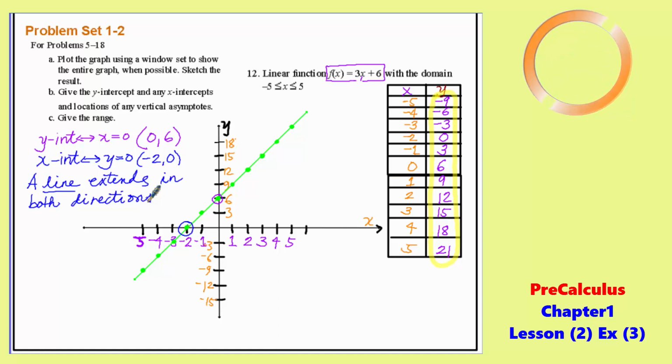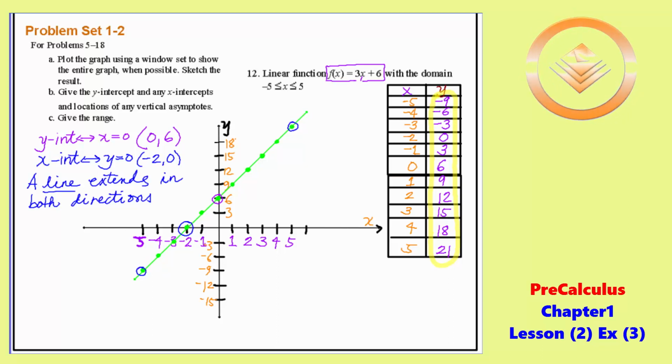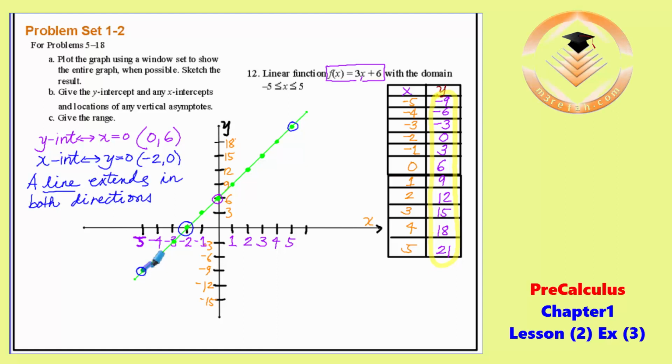Now our domain here is -5 to 5. So basically our graph would be from here to here, and this will determine a line segment, which is still part of a line.